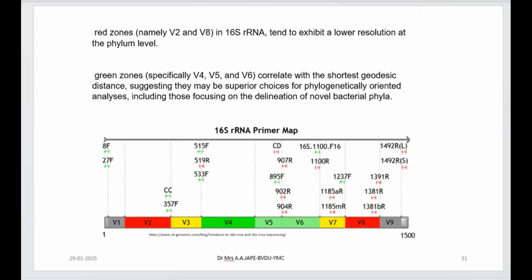How useful they are as a tool when it comes to phylum level resolution. So the red zones are comparatively less important, or have lower resolution at phylum level. The green zones V4, V5, V6 correlate with the shortest geodesic distances, suggesting that they may be superior choices for phylogenetic analysis. Now how do we do this analysis? That is the next step.